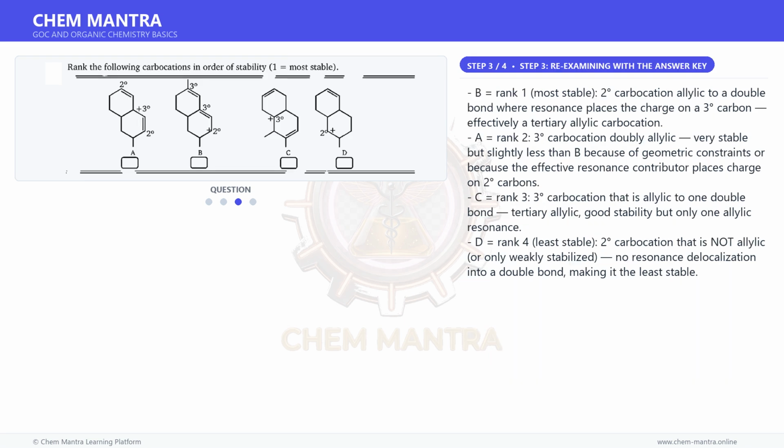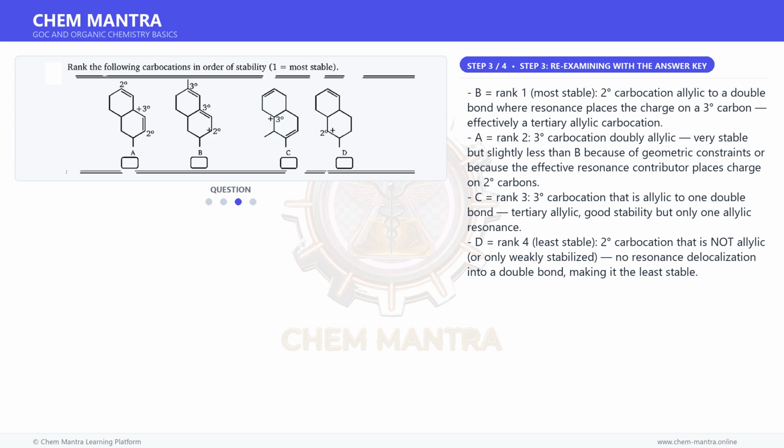Moving on to the next step. B is rank 1, most stable: a 2 degrees carbocation allylic to a double bond where resonance places the charge on a 3 degrees carbon, effectively a tertiary allylic carbocation. A is rank 2: a 3 degrees carbocation, doubly allylic, very stable but slightly less than B because of geometric constraints or because the effective resonance contributor places charge on 2 degrees carbons.